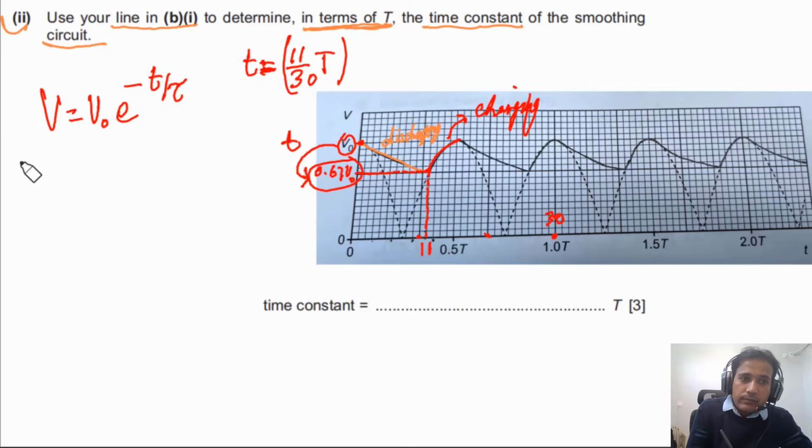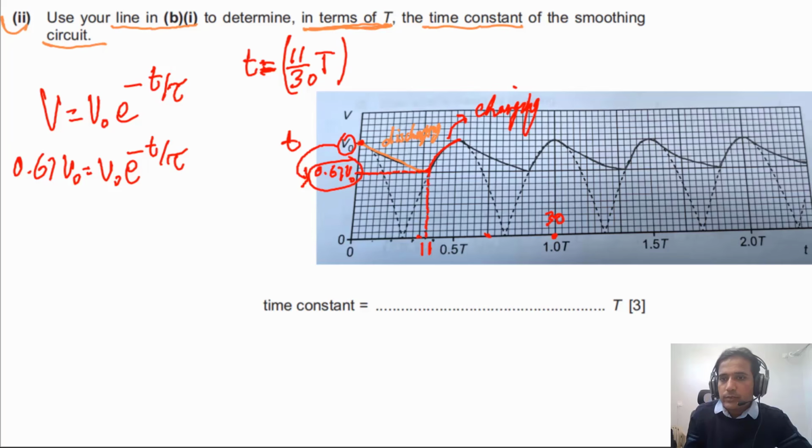Now we can simply plug in values. So here we have 0.67 V naught. This will be equal to V naught e to the power of minus t over tau. But t we can replace with the values we have found. So in this case, this is minus 11 by 30 times capital T, and this V naught we can cancel with this V naught.